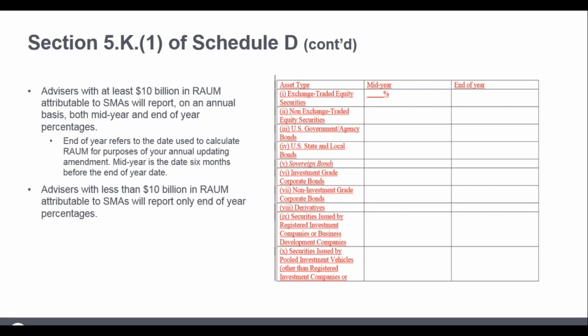So, you know, this coming March, when you fill out your 2018 annual amendment, say that you use a year-end date of 12/31/2017. Your mid-year date is going to be 6 months back from that, so that's going to take you to June 30. And for advisors that have less than $10 billion in RAUM attributable to managed accounts, you only have to report this information on a year-end basis.